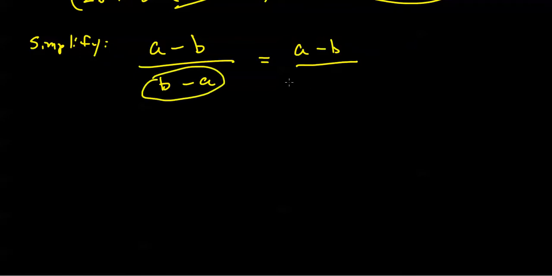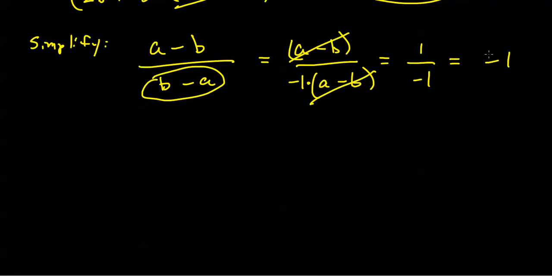Let me show you. If I factor out a minus 1 from the denominator, you can always factor out a negative 1 by changing all the signs. I now see I've got a common factor of a minus b across numerator and denominator. So I can cancel those out. I'm left with 1 over negative 1, which is, of course, negative 1.